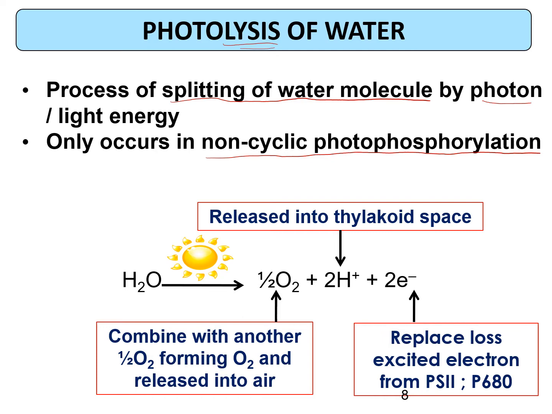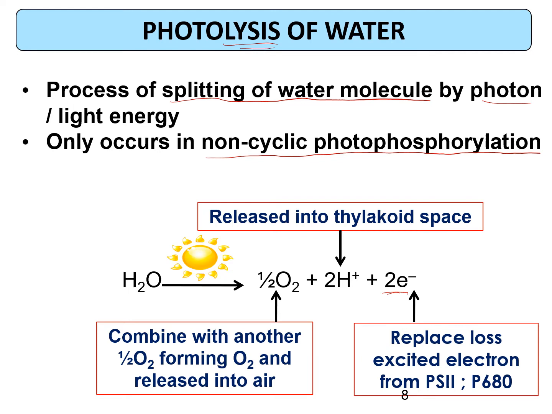So the electron lost from the photosystem or the primary pigment can be either replaced by the electron from the photolysis, or it might come back. The electron will be cycled back to where it came from.